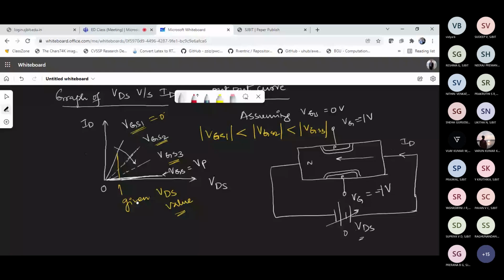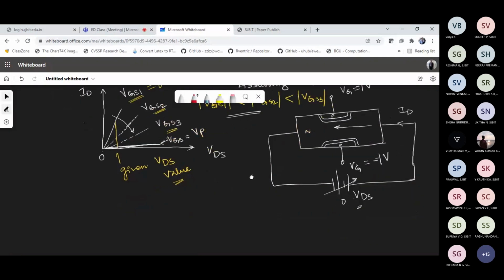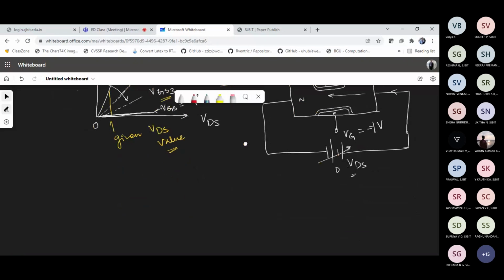So we are getting to know what happens in the initial values of VDS when you change VGS. For the initial part of VDS, from 0 up to a certain value, you can see a linear rise in the current values, linearly increasing till it reaches the saturation value. Next, what happens with a further increase?